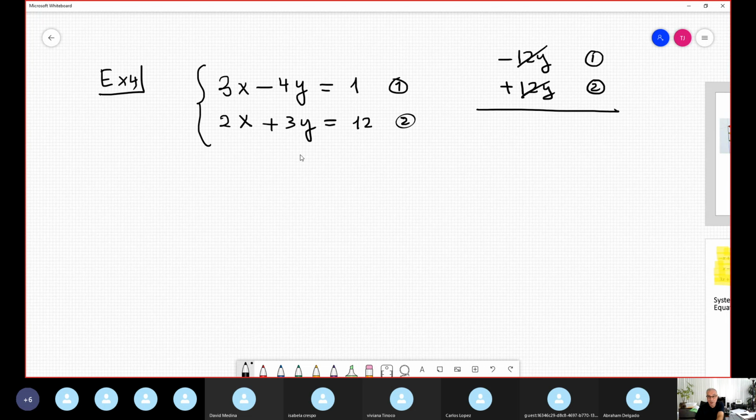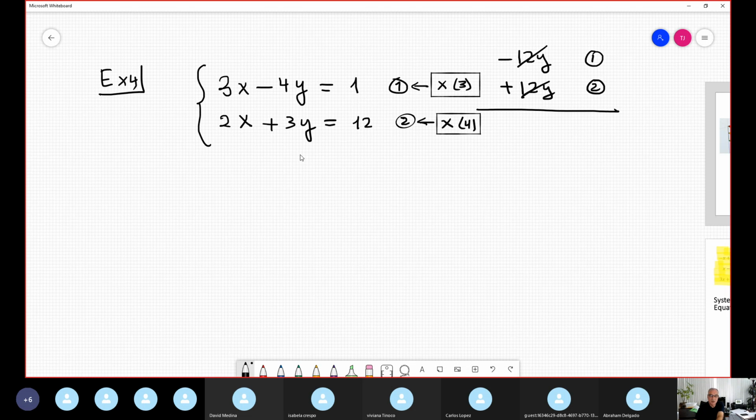So, for example, to create this condition, I propose multiplying this equation by 3, because 3 times 4 is 12, and multiplying the second equation by positive 4.